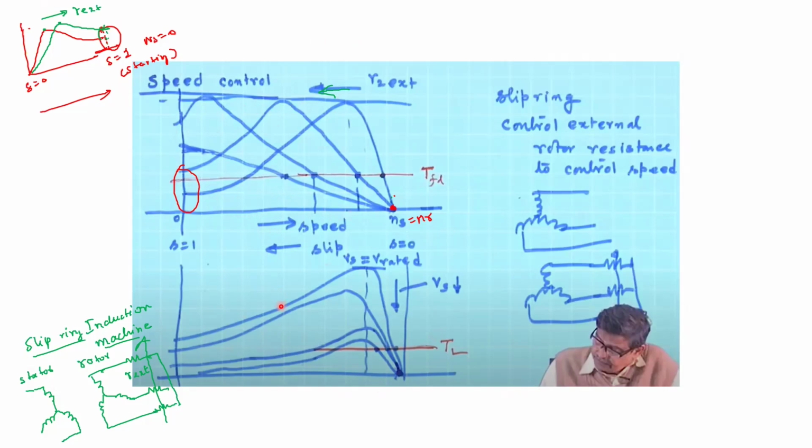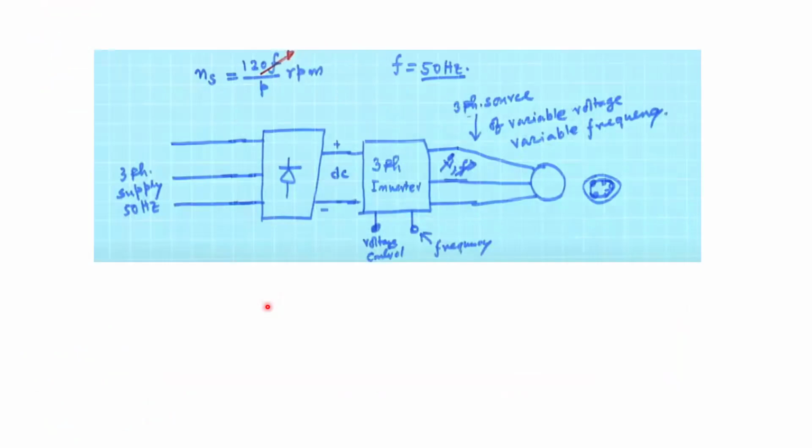But generally in today's machines we do not use these speed control methods, because inverters have been developed and inverter technology has advanced. So we do the speed control by using the inverter. We know that Ns is 120 f by P, right? This is the synchronous speed.